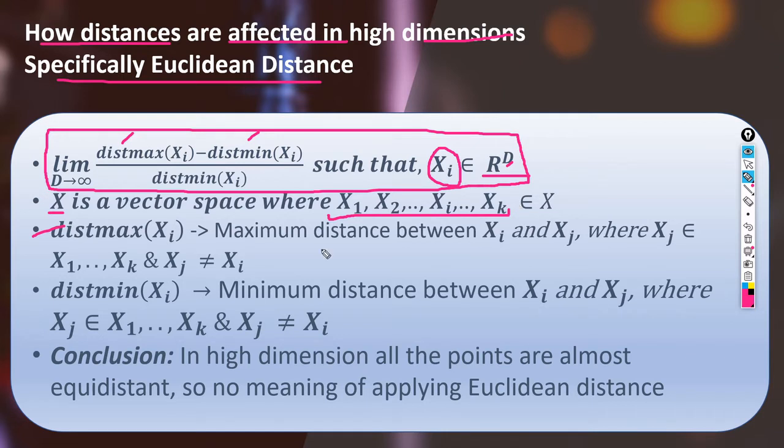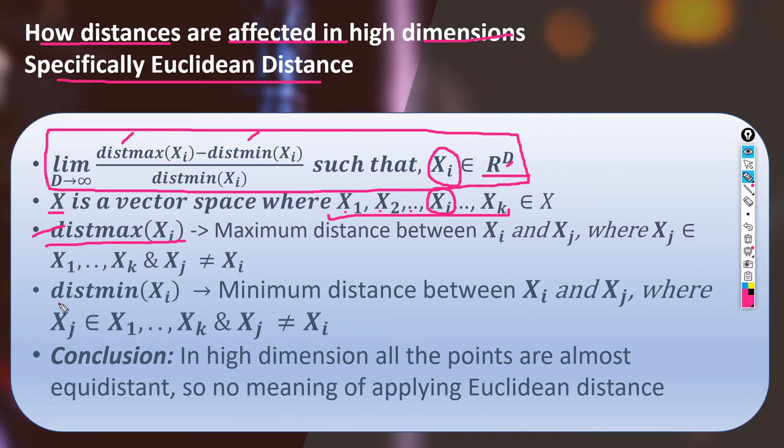Dist max works like this: I consider a point or vector xi, and compute every distance from xi to the other points. I compute the distance between x1 and xi, x2 and xi, x3 and xi, till xk and xi. Then I find the maximum distance, and that is my dist max of xi.